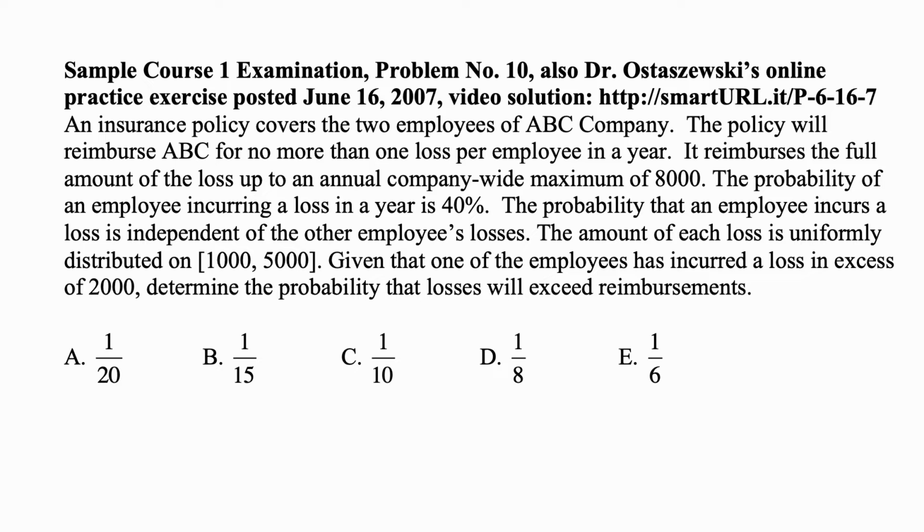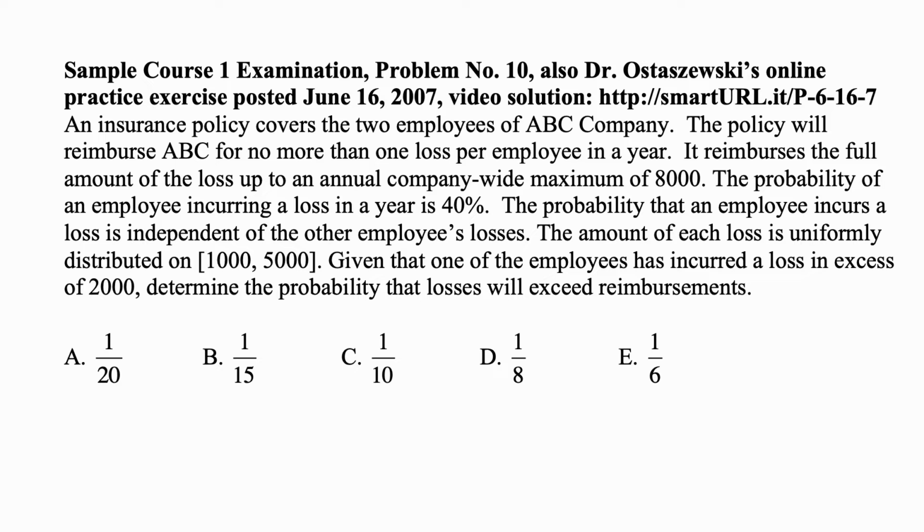Here's a problem for today for exam P on probability. An insurance policy covers the 2 employees of ABC company. The policy will reimburse ABC for no more than 1 loss per employee in a year. It reimburses the full amount of the loss up to an annual company-wide maximum of $8,000. The probability of an employee incurring a loss in a year is 40%.